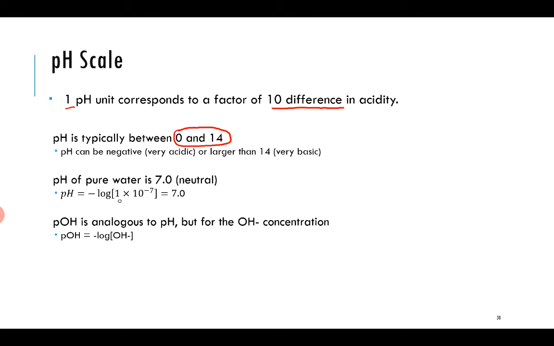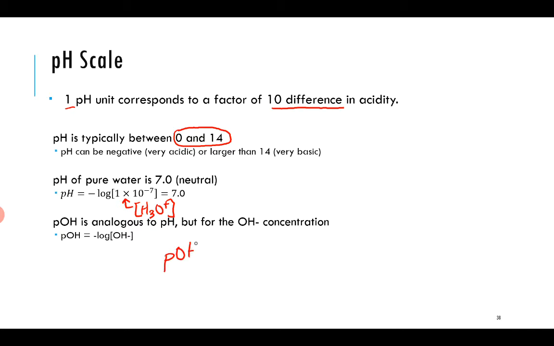And that, remember, if we had neutral water, our hydronium ion concentration was 1 times 10 to the minus 7th. And so that gives us a pH of 7. pOH is analogous to pH, but for the hydroxide ion concentration.